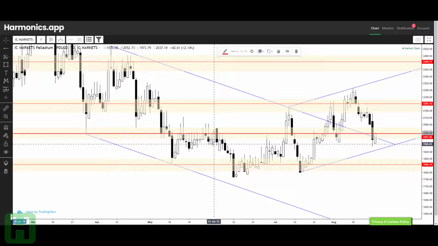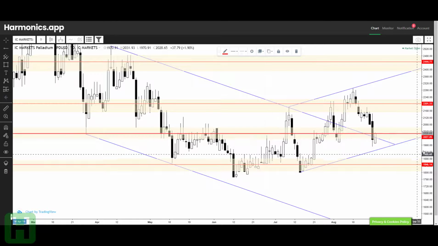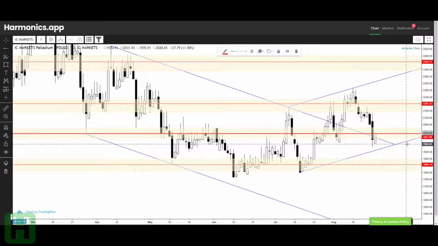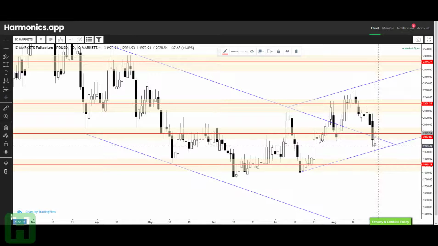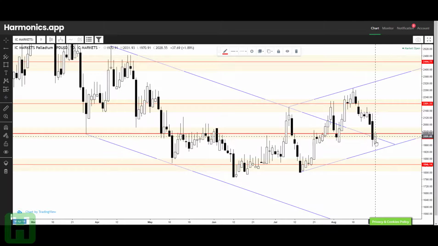So 1965, you can see it here, 1965 and also 1938, which is also a level here, is the level where the price should not close below. If the price closes below, it will mean the price is returning back down.